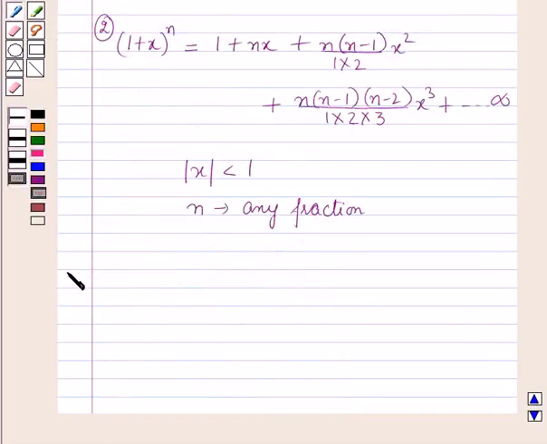Now we will start with the solution. Here we have to find the cube root of 999.